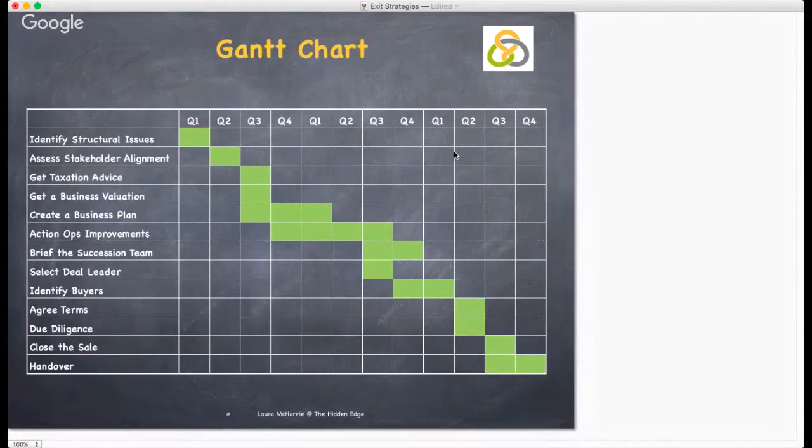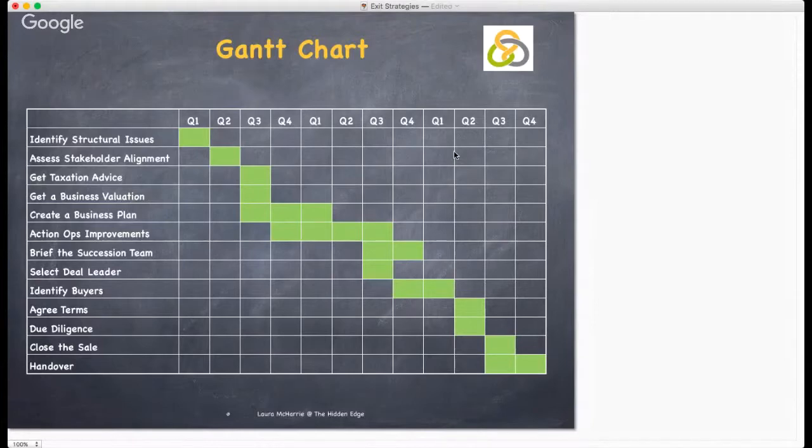Then we need to create a business plan so that whoever's purchasing the business has a really good idea as to what its opportunities and threats are. We need to consider, whilst we're doing that, the action opportunities for improvement prior to sale.